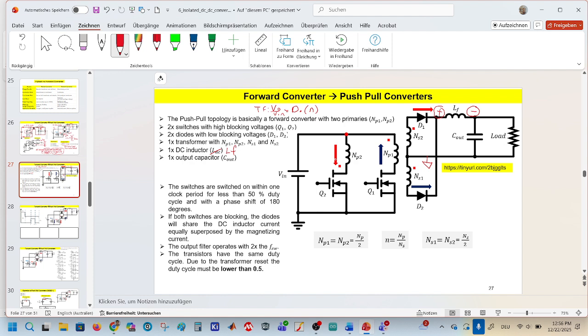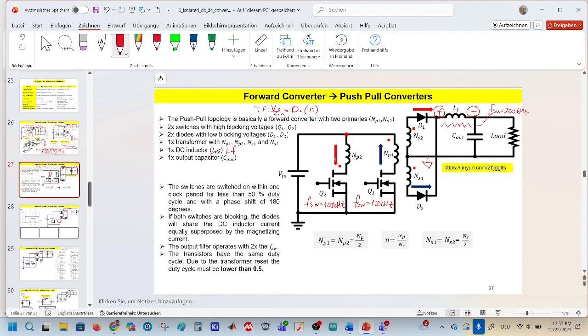Here it's written that the output filter operates with 2 times of the switching frequency. That would mean if Q1 has a switching frequency of 100 kilohertz, the current that flows on the output inductance would have a switching frequency of 200 kilohertz.